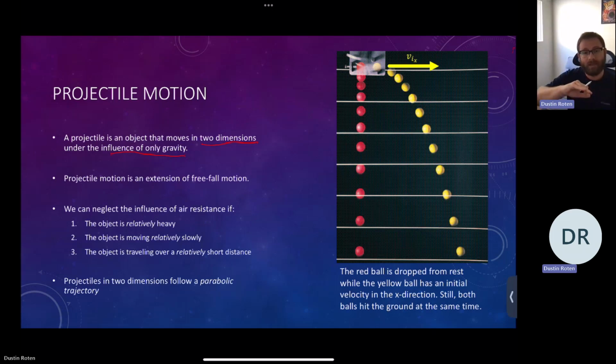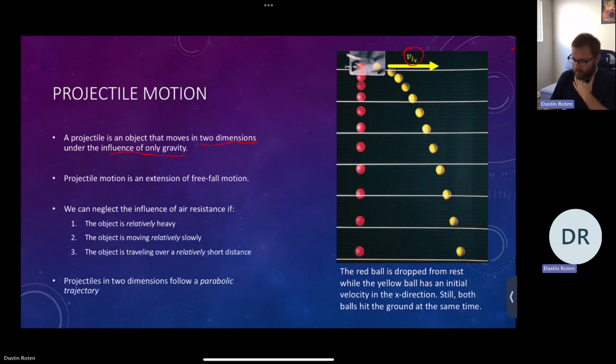These projectiles that are in 2 dimensions do follow a parabolic trajectory during projectile motion. So we can sort of drive home some of these points with these 2 balls. We have a red ball and a yellow ball over here on the right that are both falling. They were released at the same time. However, there's one difference. The yellow one actually has a horizontal initial velocity.